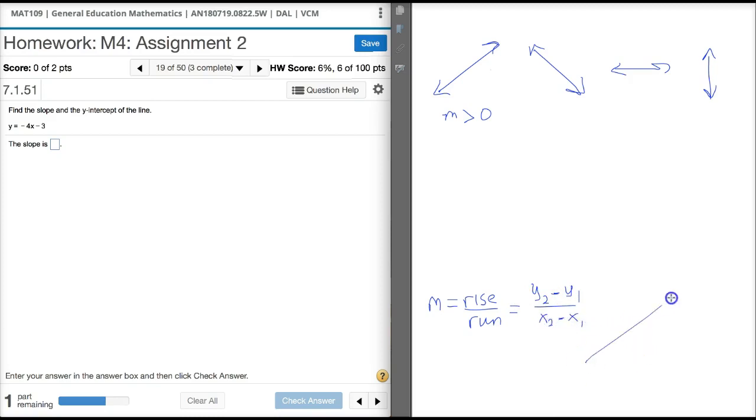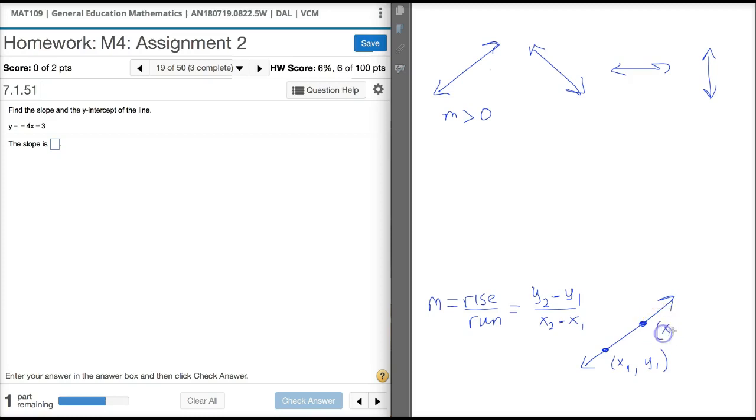And so where this comes from is that in order to find an equation of a line, we need 2 points. And each point has an x coordinate and a y coordinate. And so what I'm doing here is I'm just drawing a line, where this first coordinate would be x1, y1.